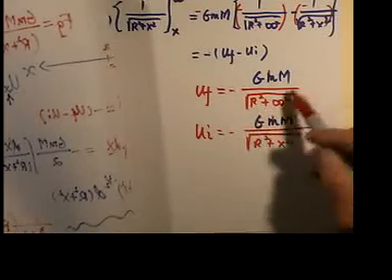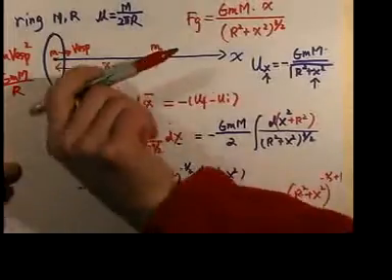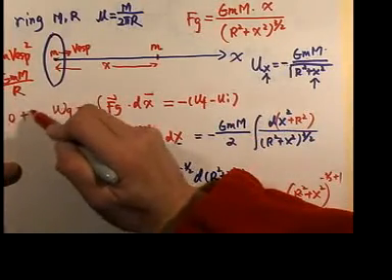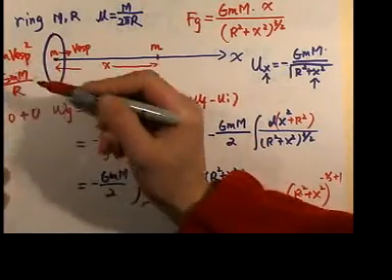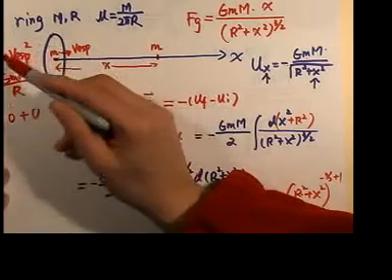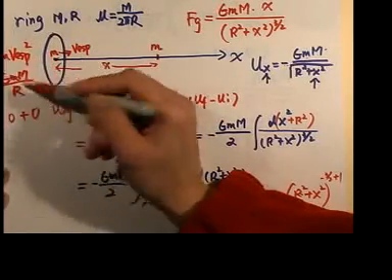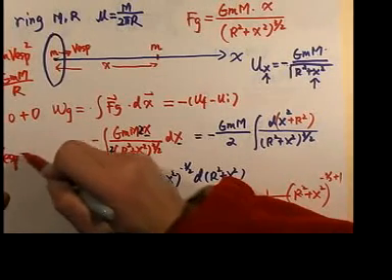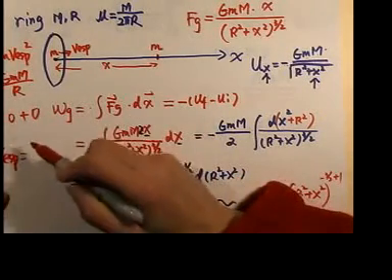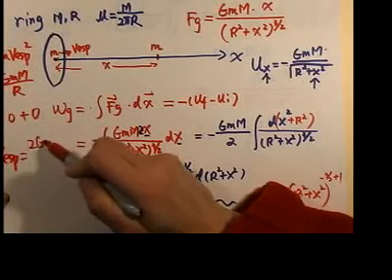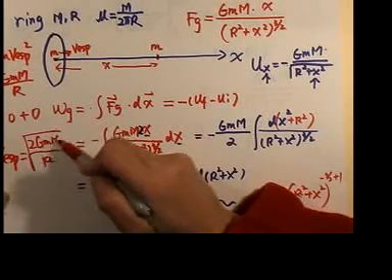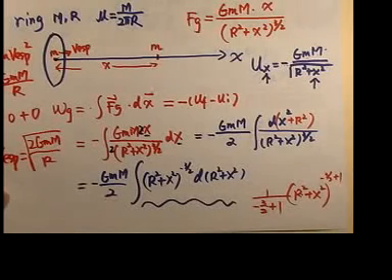Potential 0, you barely reach there, no speed. So at the end, it's 0 plus 0. From here, you can find the escape speed. Dividing both sides of the equation by little m, you can find v_esc equals the square root of 2 G M over r. Very interesting result.